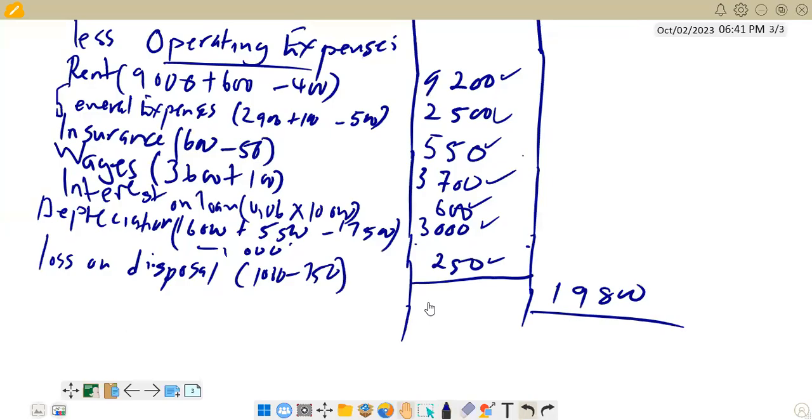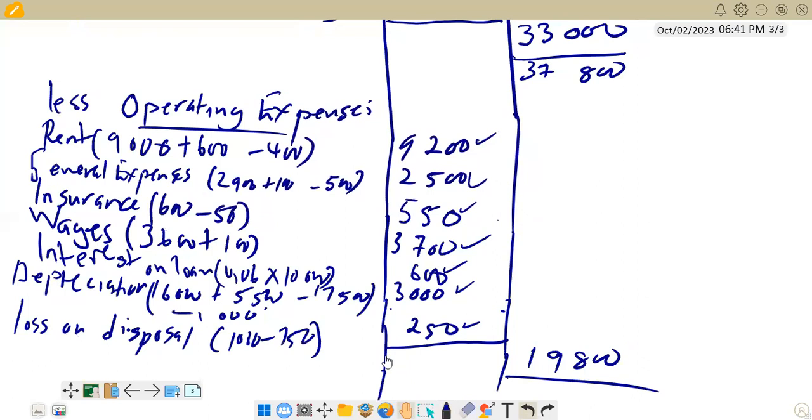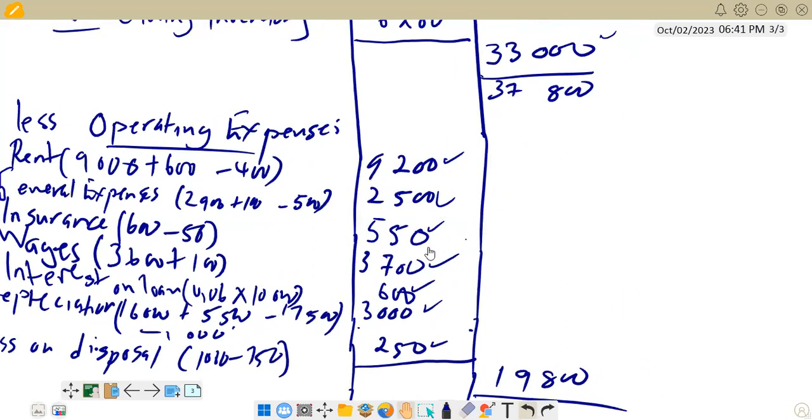So here we try to see what's the figure for our total operating expenses is 19,800, and this is our operating expenses, and this is our gross income that is here. So if this one is greater than this one, it means we've got a profit. So in this scenario, it's a profit.